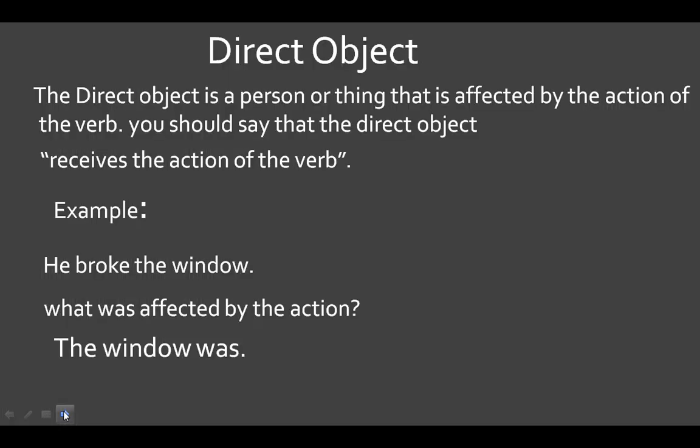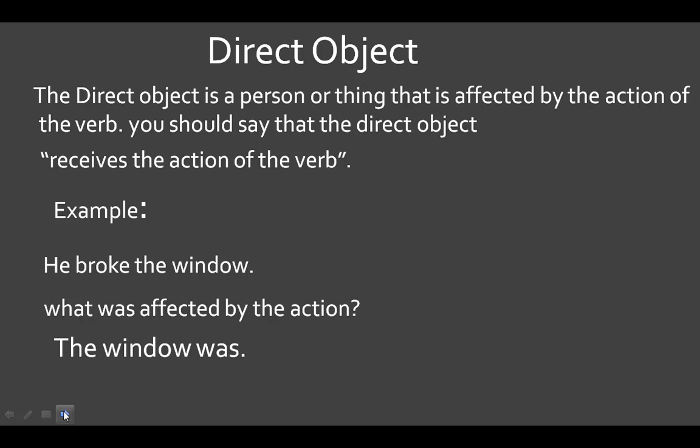First, we will talk about the direct object. The direct object is a person or thing that is affected by the action of the verb. You should say that the direct object receives the action of the verb.